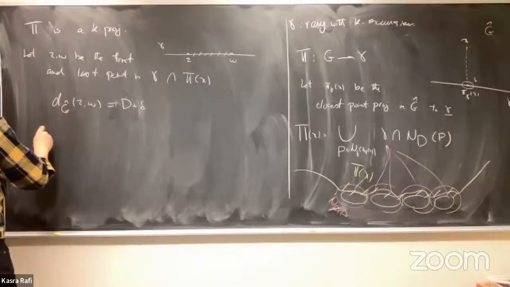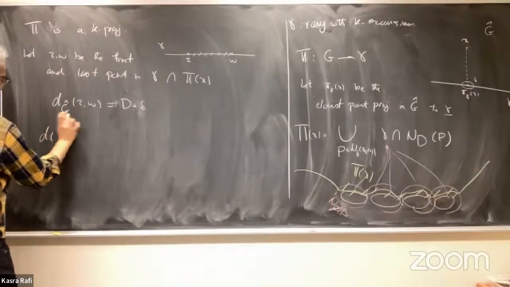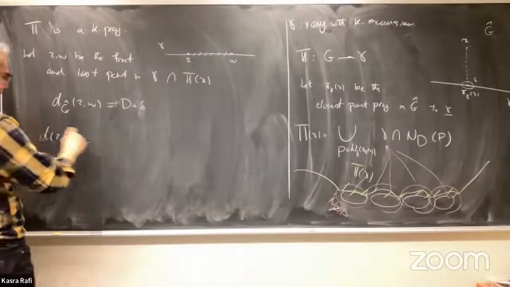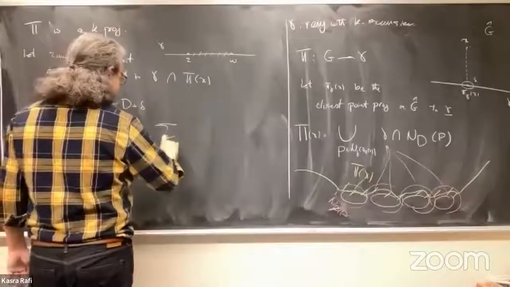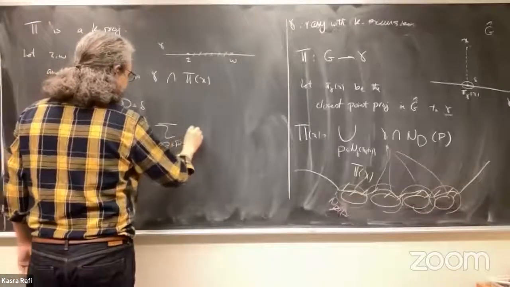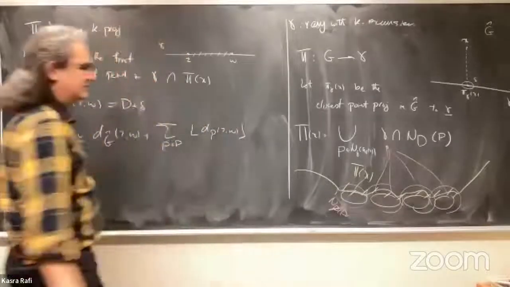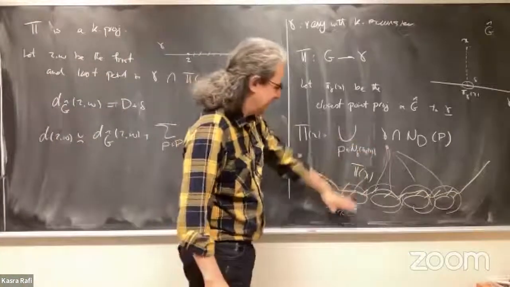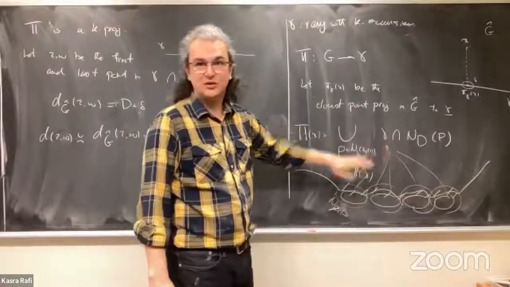So the distance formula says that the distance between Z and W is equal to, up to multiplicative error, the distance in G hat between Z and W plus the sum of the distances in the P's between the projections of Z and W. Okay, so if you pick any P that is not near here, the bounded image theorem tells you that the projection of Z and W is small.